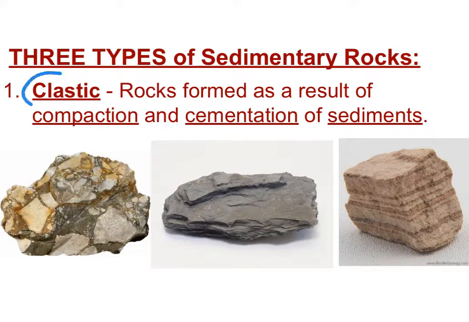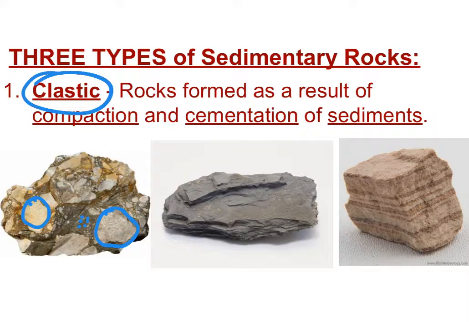That word clastic actually comes from a Greek word, klastos, which means fragments. And you can actually see some of the fragments in this rock that are glued together with a bunch of tinier fragments, which are clay-sized particles, really tiny, tiny little particles.